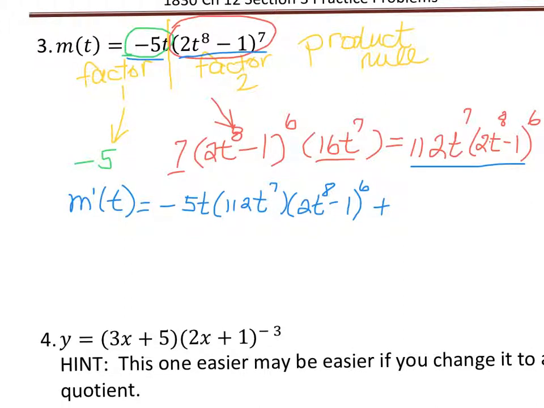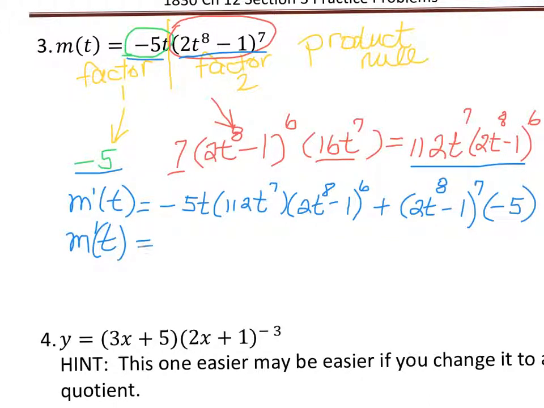which is 2t to the 8th minus 1 raised to the 7th, and multiply it times the derivative of the first factor, which is your negative 5. And then we'll do some cleaning up, but not nearly as much as my math lab would.